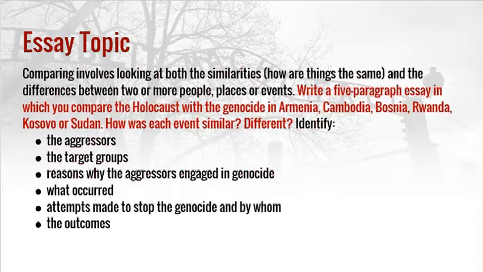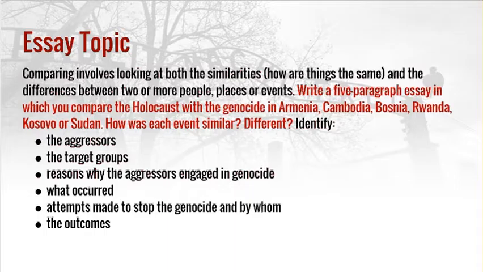And then Cambodia was a genocide against older people. Their government decided everybody above the age of 25 or 30 was no longer desired, so they basically tried to wipe out the older generation. Bosnia was a genocide of, was it the Croatians?